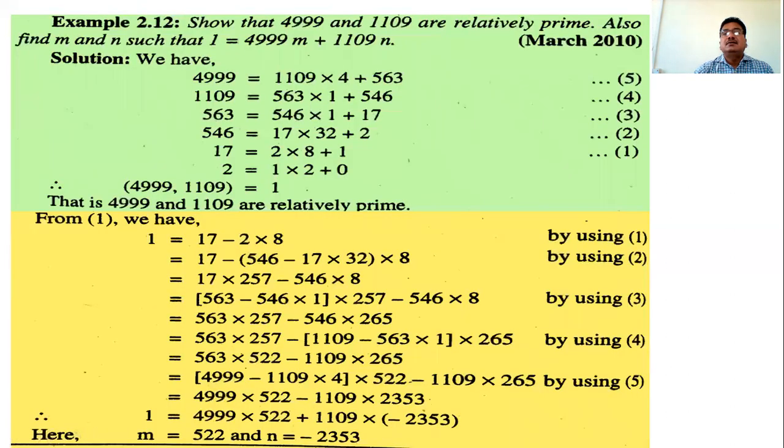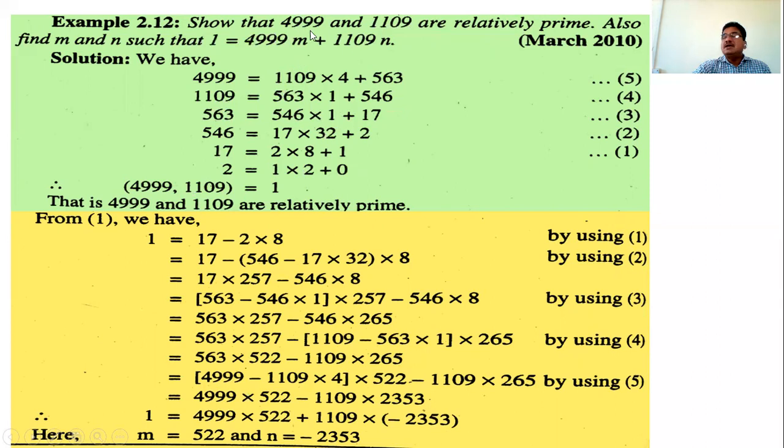Then the next example is: find the greatest common divisor of 4999 and 1109. Or another form of the question is: show that these two numbers, 4999 and 1109, are relatively prime.